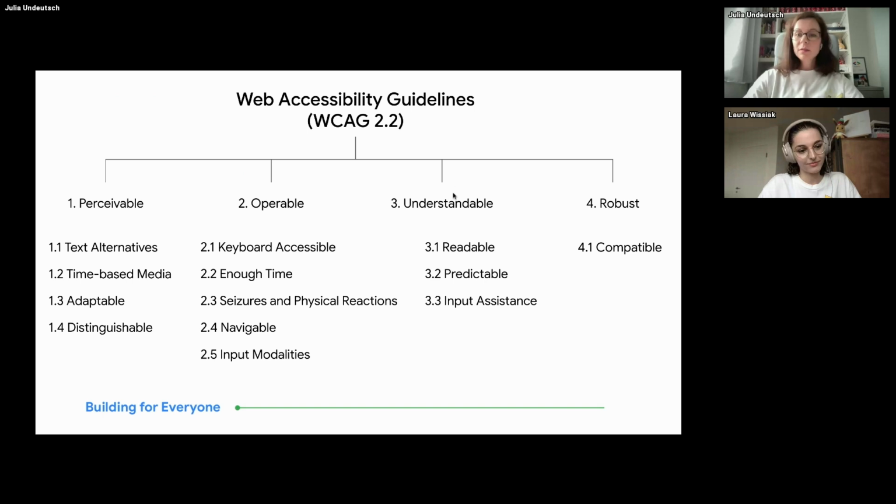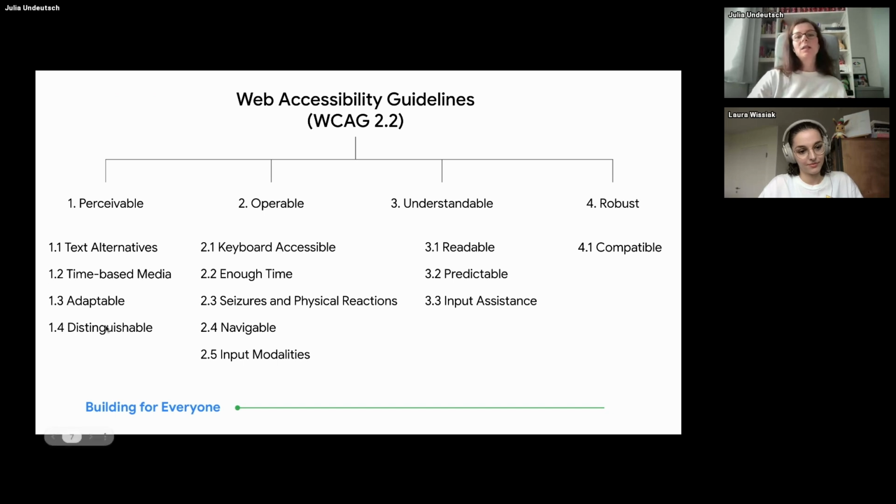These are the 4 principles, and they have the same value, so nothing is more important than the other, and the guidelines for each principle. So for example, for perceivable, how do we perceive the website, maybe by a text alternative, or with a time-based media, is it adaptable and is it distinguishable?